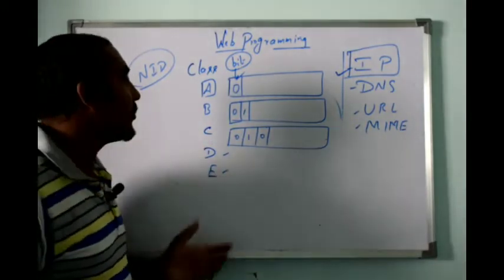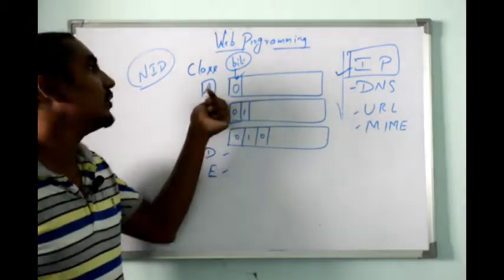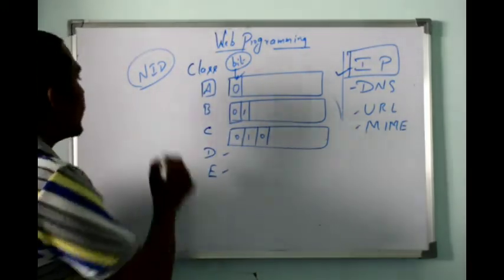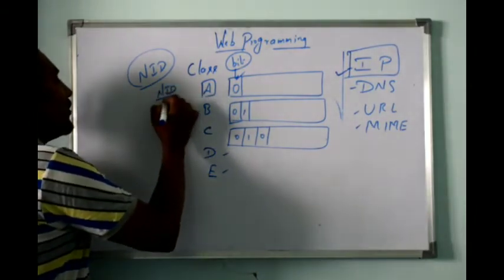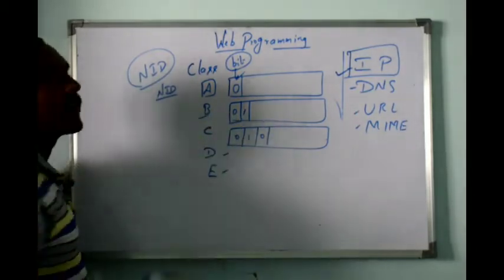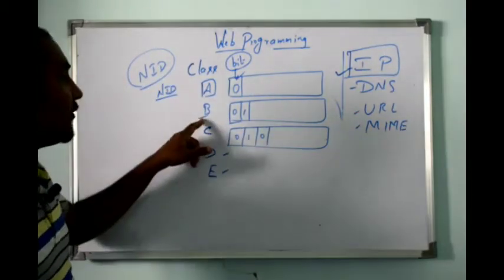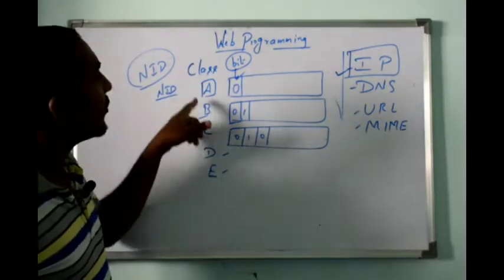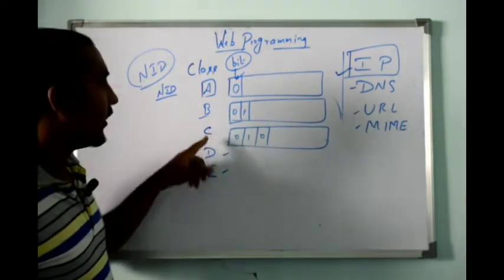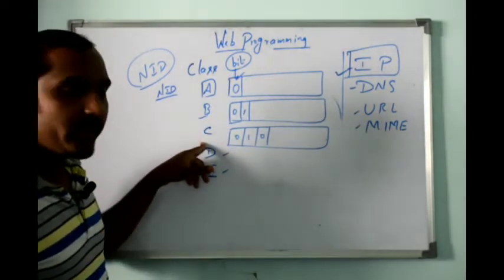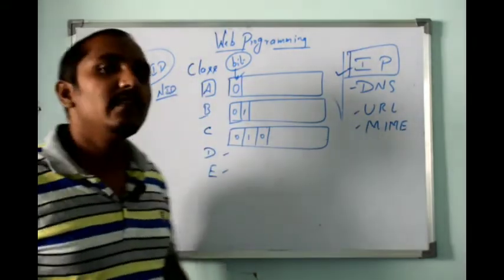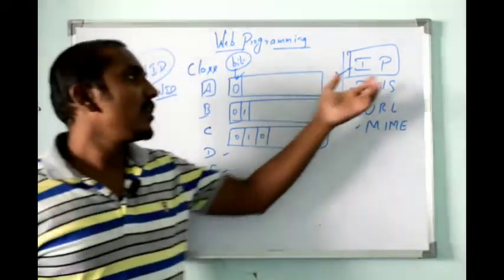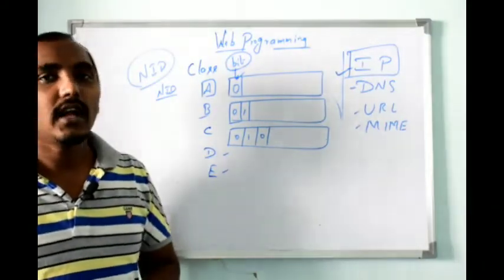If you consider class A, the number of networks will be less. The number of network IDs will be less compared to class B. Class B will contain more networks compared to class A, and class C will have more networks compared to class B. This is how the range will be for the different types of classes you have.